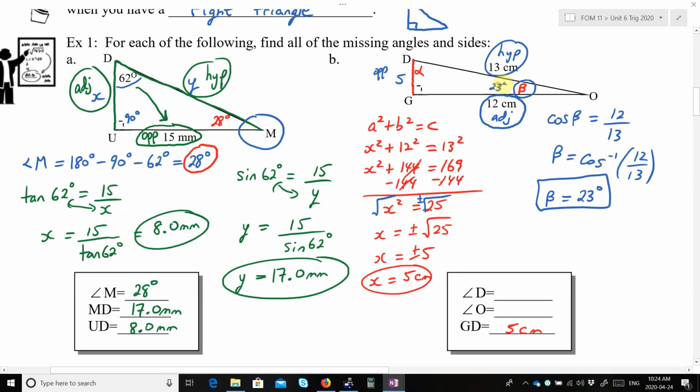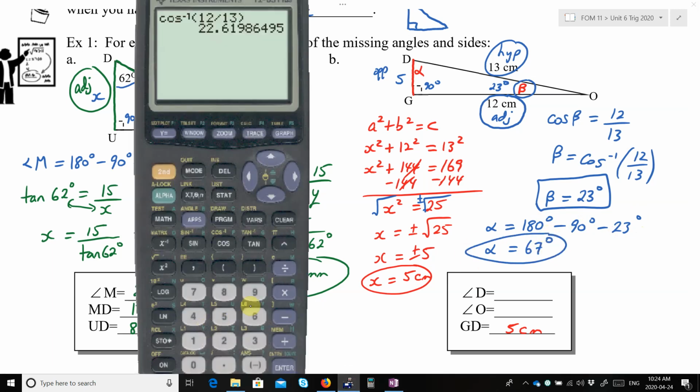And now that we know that this is 23 degrees, we knew that that was 90 all along, we can get angle alpha by going 180 degrees minus 90 degrees minus 23 degrees. And I believe that is going to be 67 degrees. Yes.